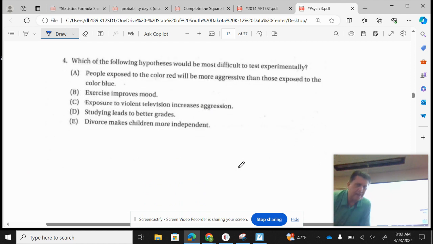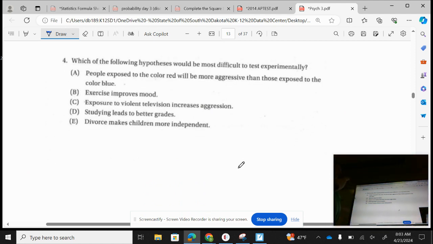Second question, number 4, which of the following hypotheses would be most difficult to test experimentally? As you look through here, we could assign people to be exposed to red or not be exposed to red. We could assign people to exercise or not. We could assign people to watch violent television or not. We could assign them to study or not.